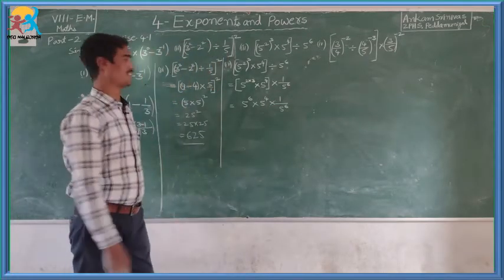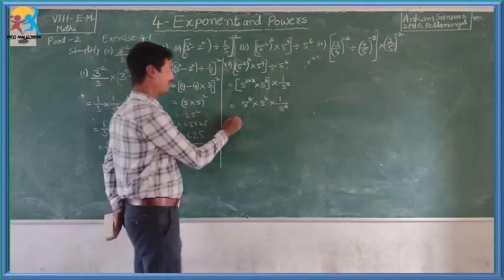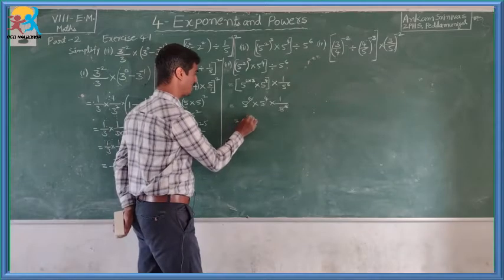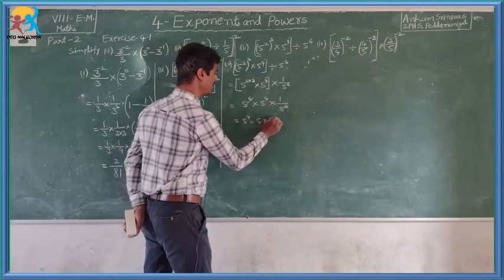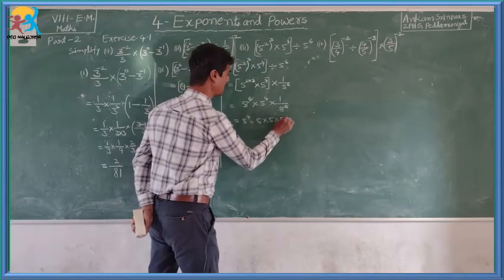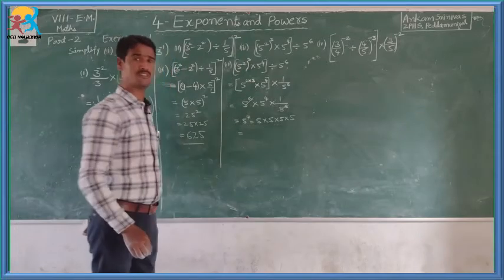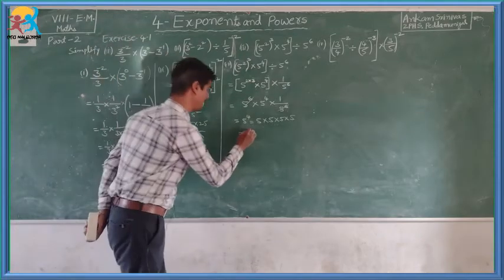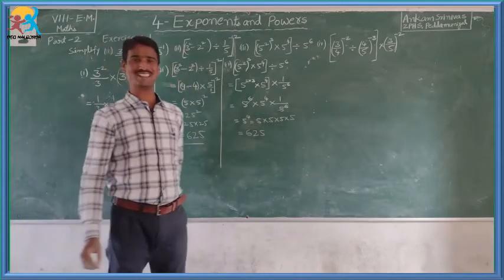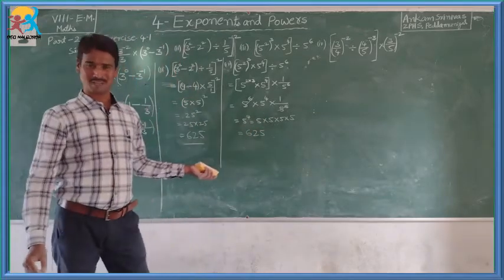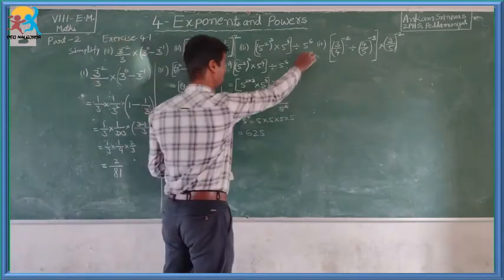So my dear children, 5 power 6 will be cancelled. So 5 power 4 will be left, and 5 into 5 into 5 into 5, 5 5s are 25, 25 5s are 125, 125 5s are 625. How easy to solve the problems, simplify the given answers. Very easily you can do these problems.